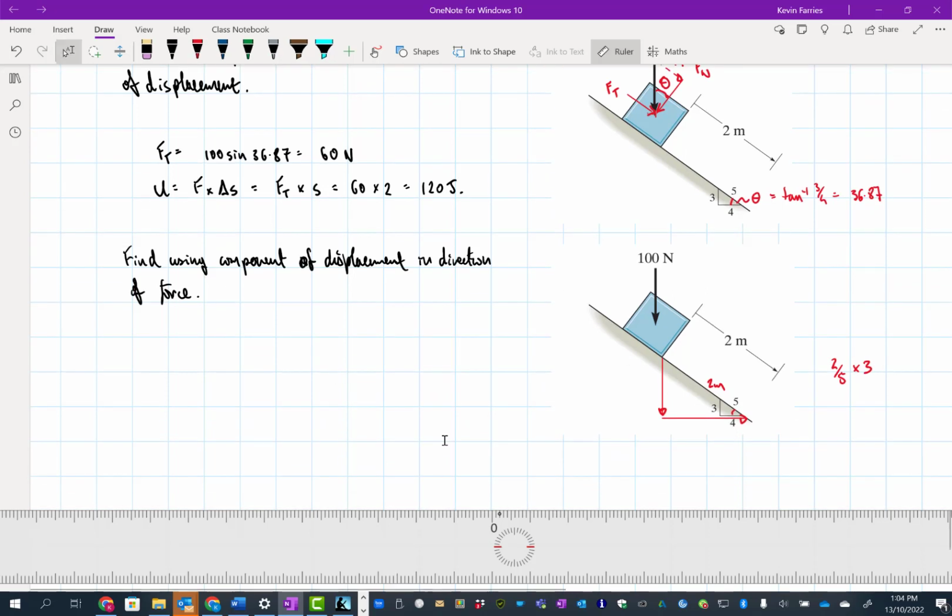And so what we could write is displacement in direction of force. Sorry, I'm just trying to think how I want to say this. So let's also say force is in y direction.